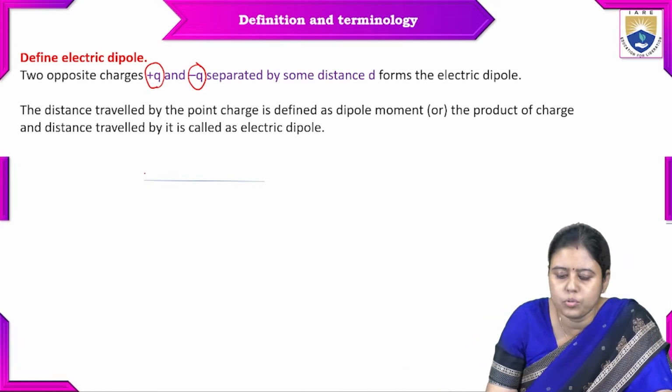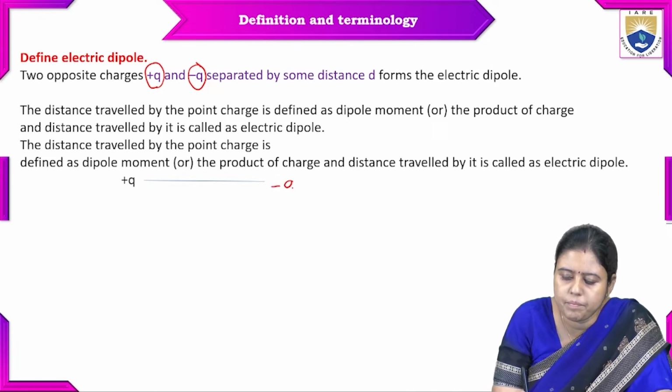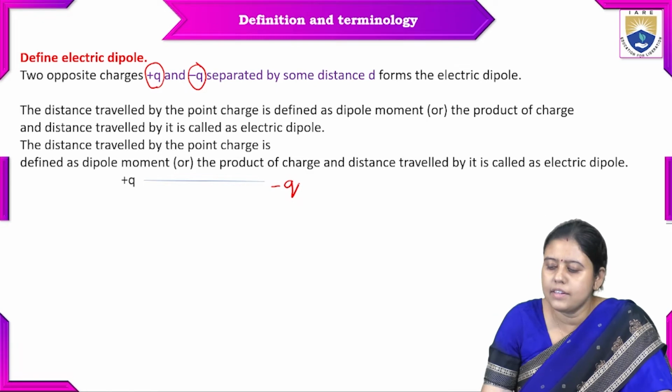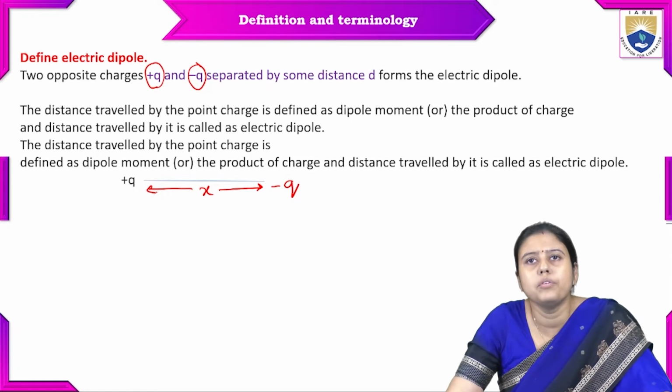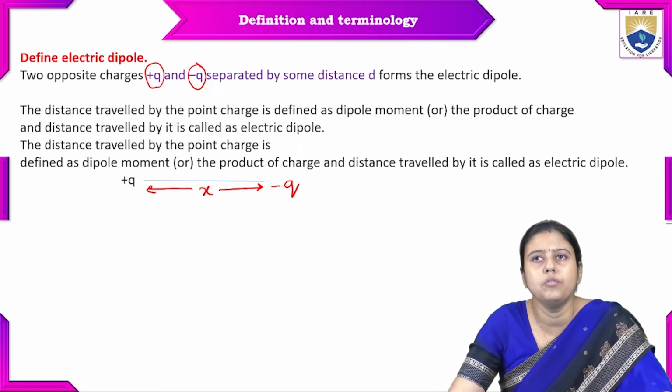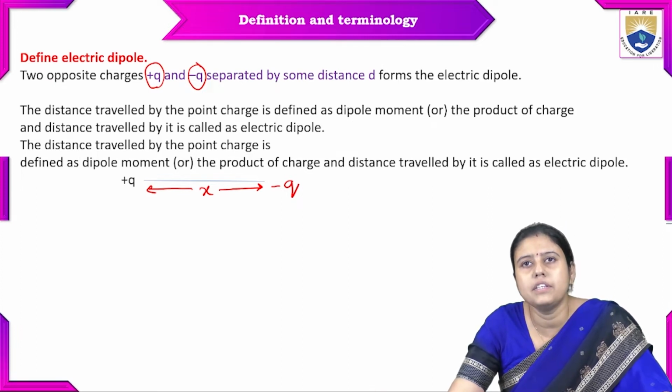Say we have two charges, one plus q and another minus q, and the distance between them is x. If both charges have the same value, they create an electric dipole.